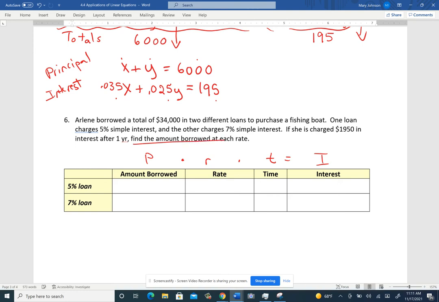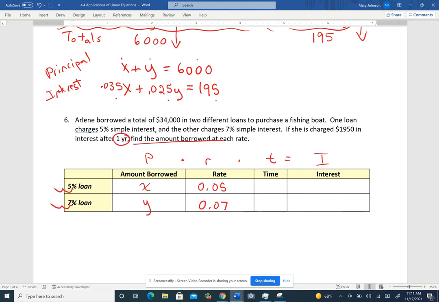So this is what determines where you let your variables be. We'll let x be how much she borrowed with the 5% loan, and y how much she borrowed with the 7% loan. It was a 5% loan, so that would be 0.05 when you move the decimal 2 places to the left. 7% loan would be 0.07 when you move it 2 places to the left. Okay.